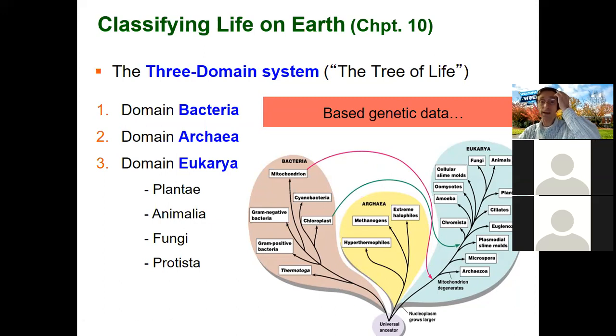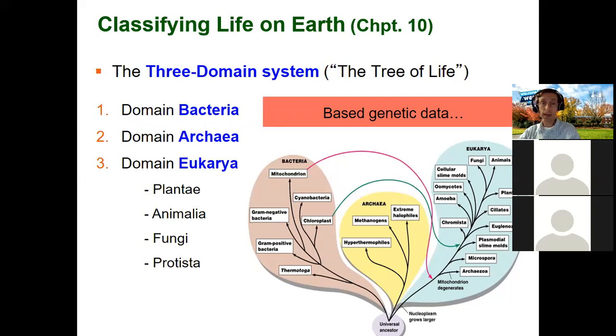Anyways, there's 3 domains. After the domain, you can separate the domain into kingdoms. We're going to use the 6-kingdom approach, where the domain bacteria is also the kingdom bacteria. The domain archaea is also the kingdom archaea.